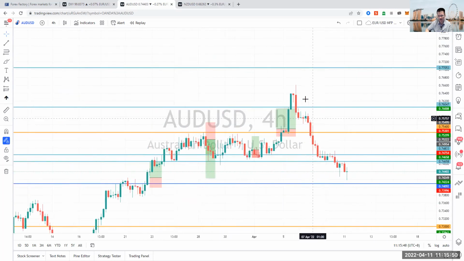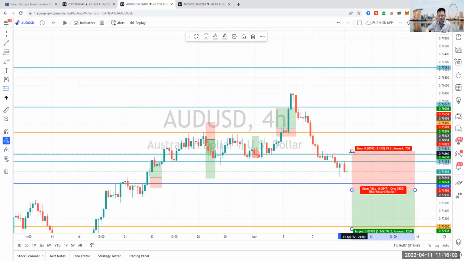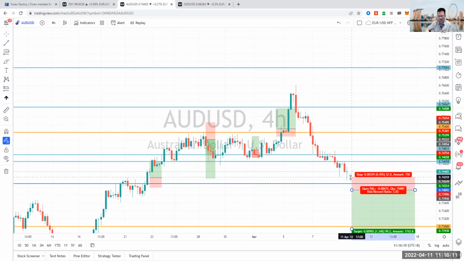I think with this downward trend, we're likely to see it move lower, and I'm looking for selling opportunities below 0.74. So what you should be looking for in terms of a trade idea, especially with the dollar looking to get stronger, is to sell below 0.74.